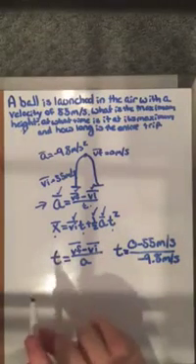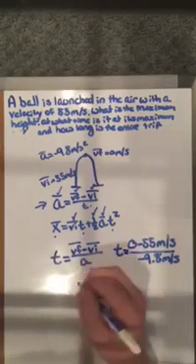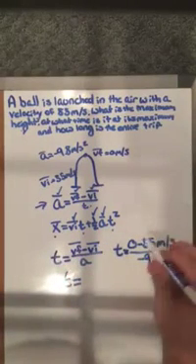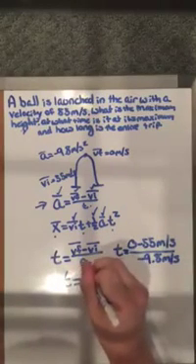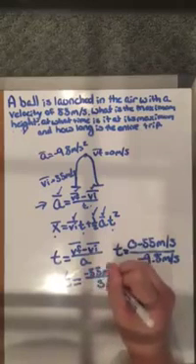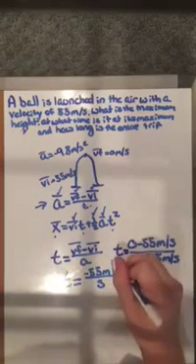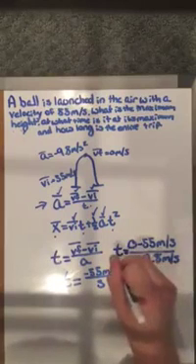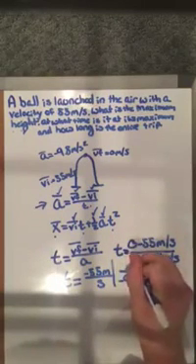And now it is time to do our dimensional analysis. So we have our time equals negative 55 meters per second over negative 9.8 meters per second squared.